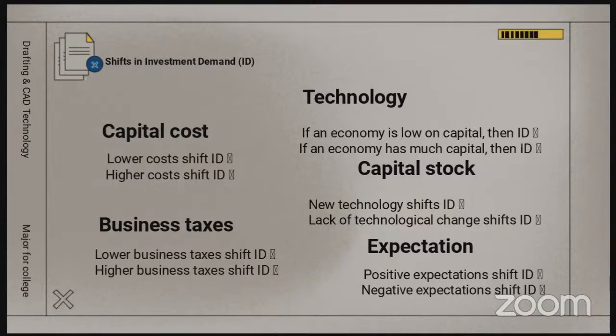So for example, if there are positive expectations, then the shift in ID will be an increase. And when there are negative expectations, the shift in ID will be a decrease.